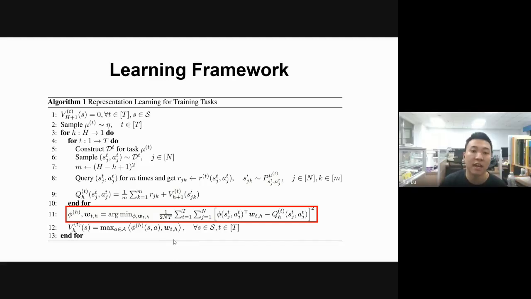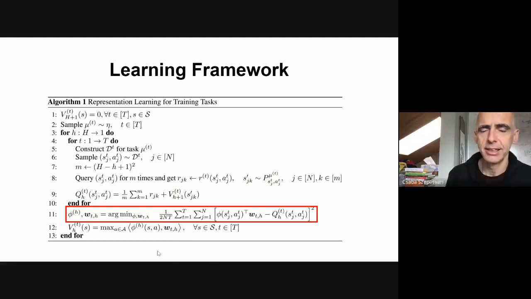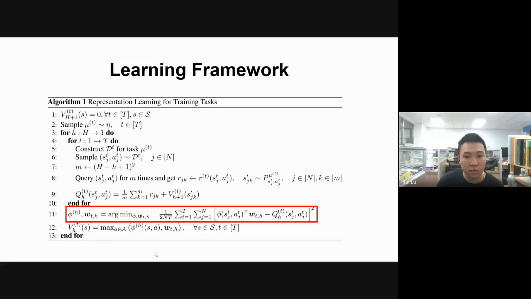Yes. Actually, in our work, we assume, for example, a linear representation class, where this capital phi is an orthogonal matrix. Which means the d rows of this matrix are orthogonal to each other, and this greatly reduces the total space that you need to search.